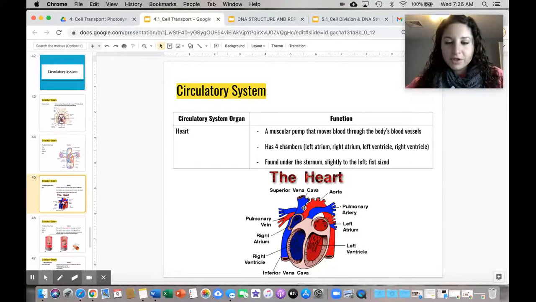So the 4 chambers are going to be 2 atriums and 2 ventricles. Atriums are on the top of the heart, these 2 smaller chambers right here, and the ventricles are the larger chambers on the bottom down here. So again, like I talked about with the respiratory system when we were labeling Joe, when you label the right and left atrium or right and left ventricle, you are labeling it according to the person that it belongs to.